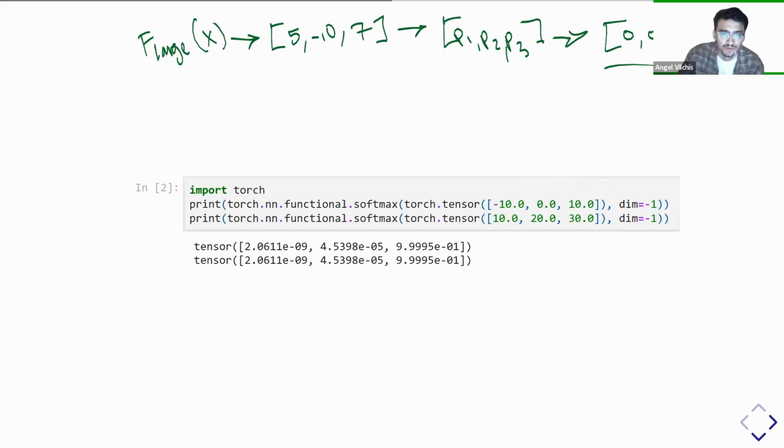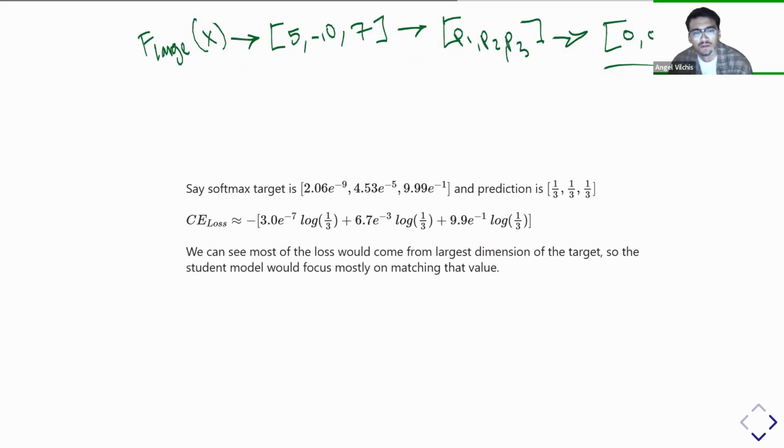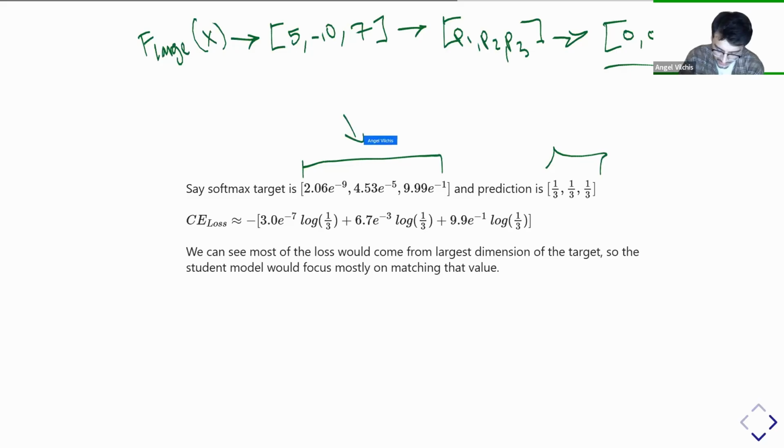And let's go into another example. The softmax raw scores are these values. Okay. And say the prediction of the smaller model is this. So this is the probability distribution from the large model, and this is the distribution outputted by a small model.